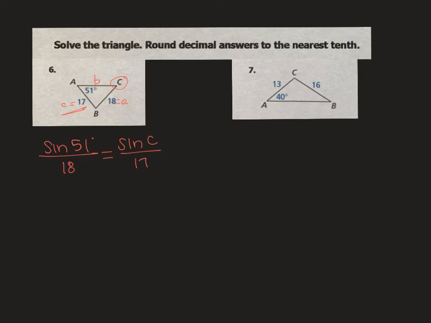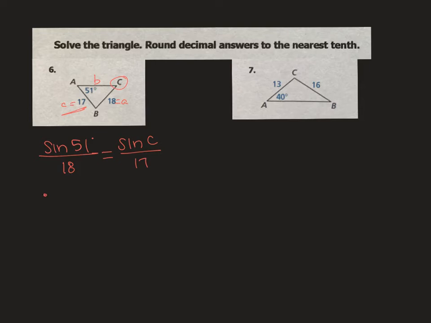So this is essentially a matter of cross multiplying and simplifying. The way I like to do it is I like to say, okay, the sine of 51 is 0.7771459615, and so on. And then I like to divide that by 18. Don't round it before you divide, just leave it as is.